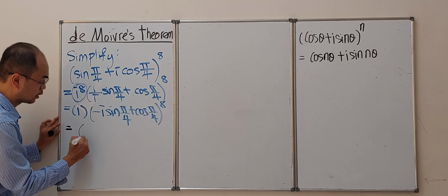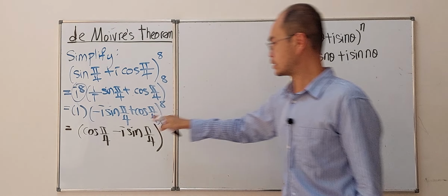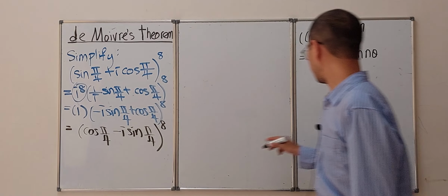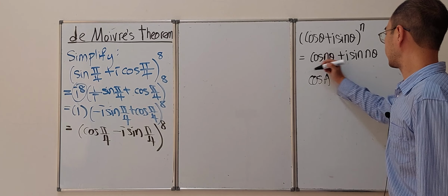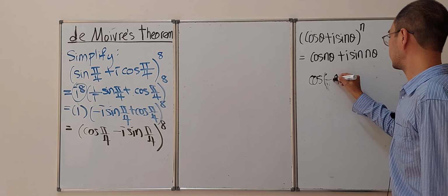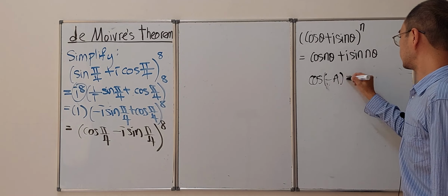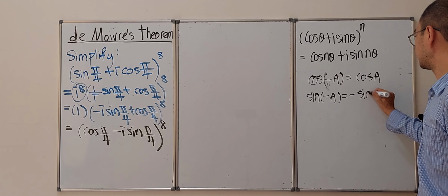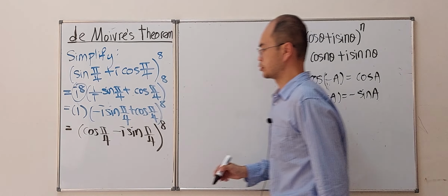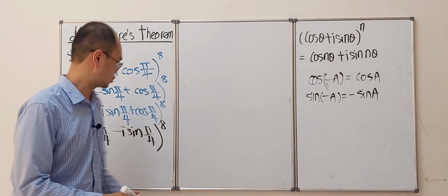So it's already in the form of cos theta, but this is plus here, and this is negative. So I can use the negative angle: cos of negative A is cos A, whereas sine of negative A is negative sine A, right?